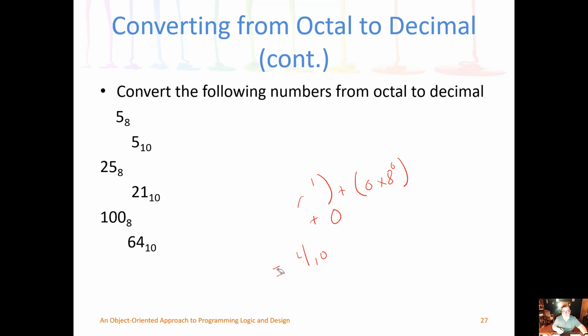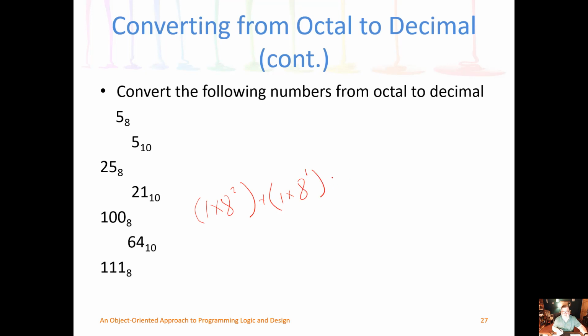Erase this one. Is there another one? Yeah, there's 111. So for 111, we start with 1 times 8 squared, plus 1 times 8 to the first power, plus 1 times 8 to the 0 power. 8 squared is 64, so we have 1 times 64, plus 1 times 8, plus 1 times 1. 1 times 64 is 64, 1 times 8 is 8, 1 times 1 is 1.